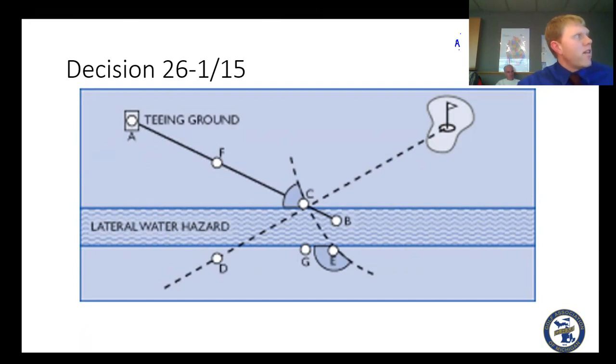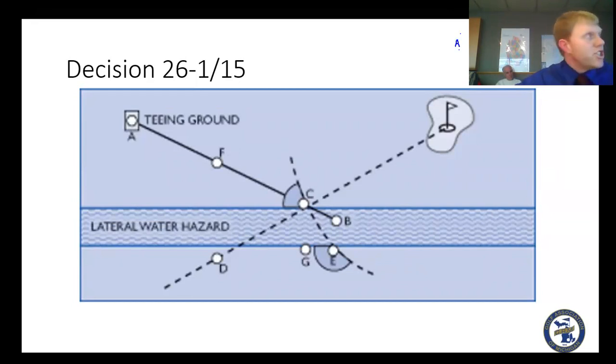You can also take the flag line back option and drop anywhere on this dotted line here. So point D would be taking that option. And then, I forgot the one, you can always go back and hit from A, right? So you can go back to where you last played from and hit from A. And then the last one in this case is you can go equidistant on the opposite margin of the hazard and drop within 2 club lengths there.